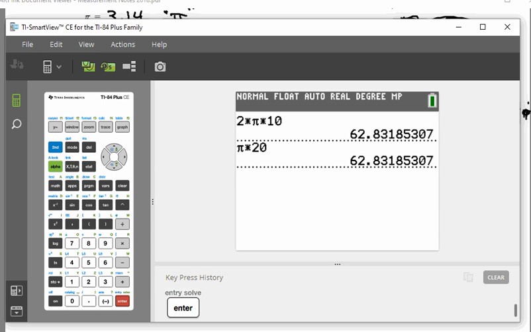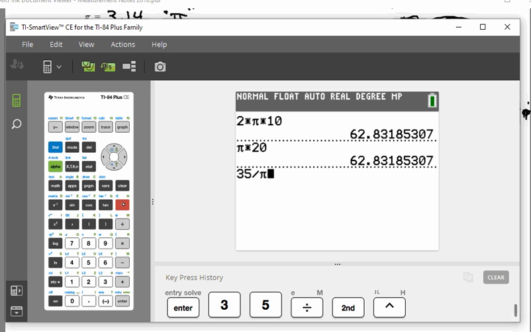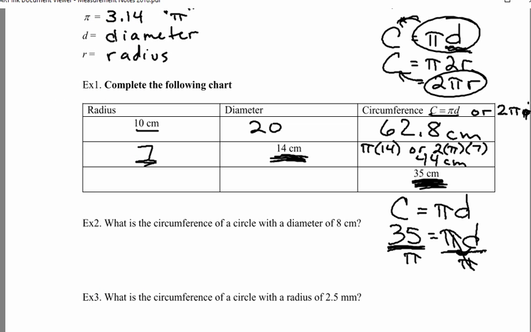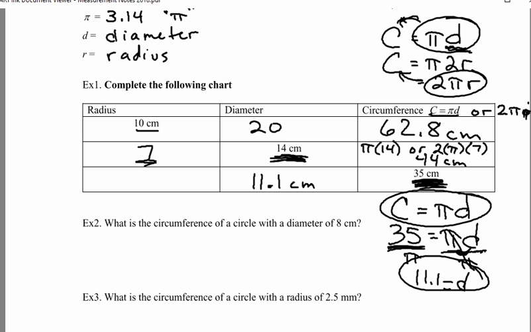This time we want 35 divided by second function to get the pi, and 35 divided by pi, 11.14, or 11.1 rounded to 1 decimal place. So we end up with d equal to 11.1. Now note that we use this formula, so we got the diameter, 11.1 centimeters.